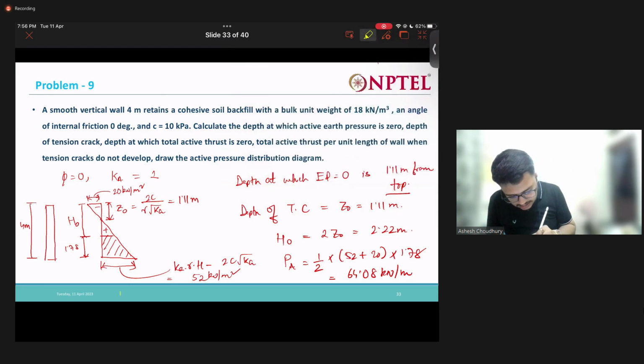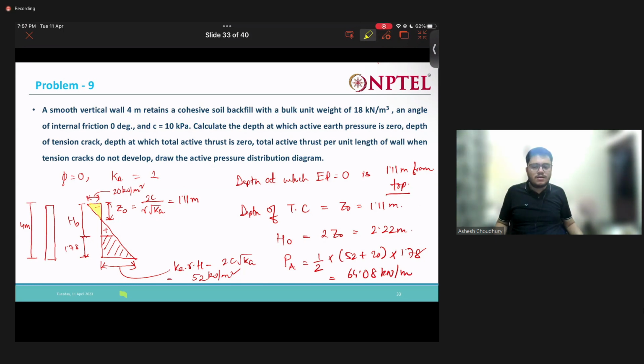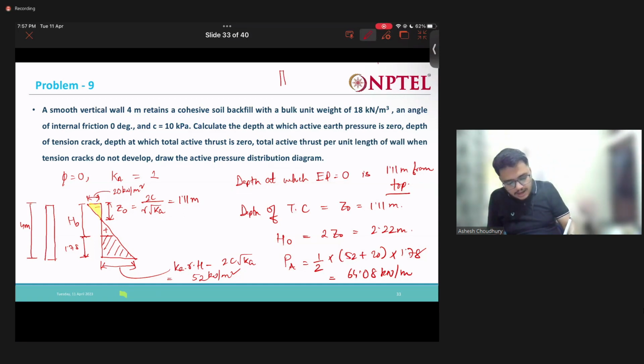This portion would not have been there if tension cracks had developed, right? Because there would be a separation between the wall and the soil crack.